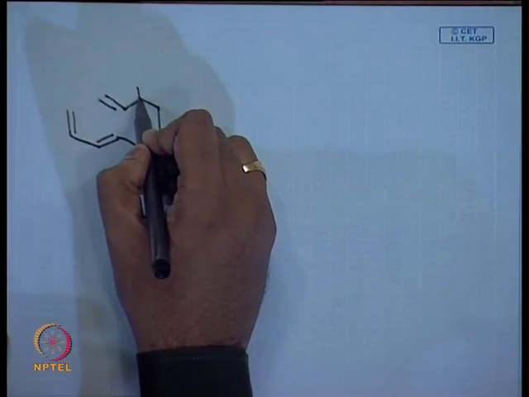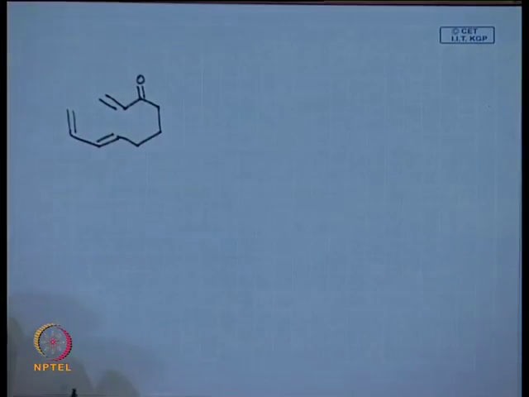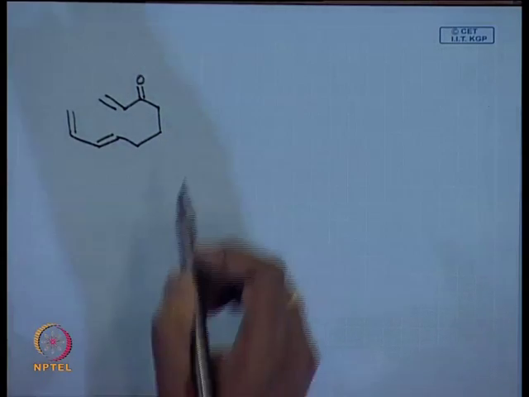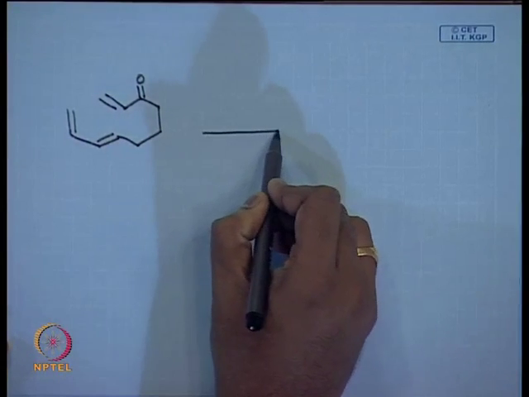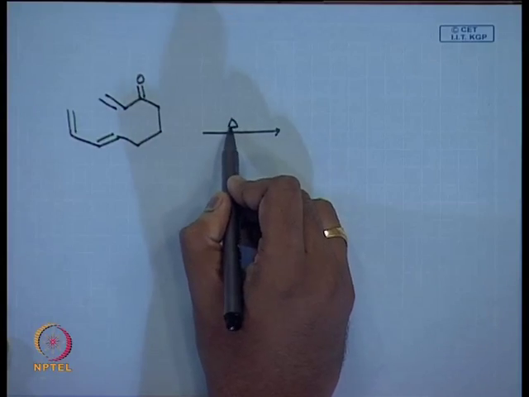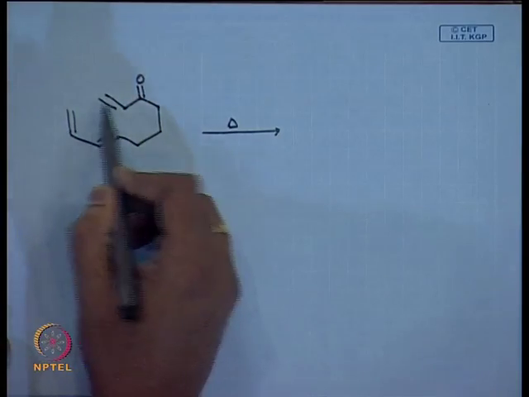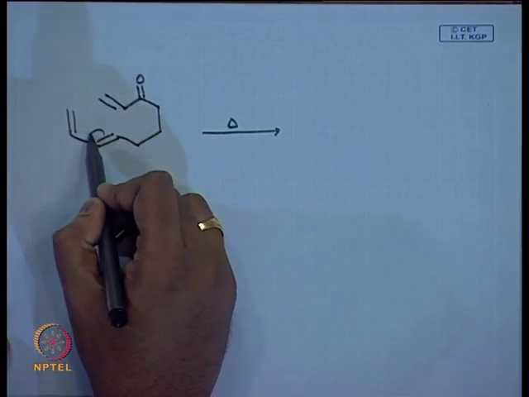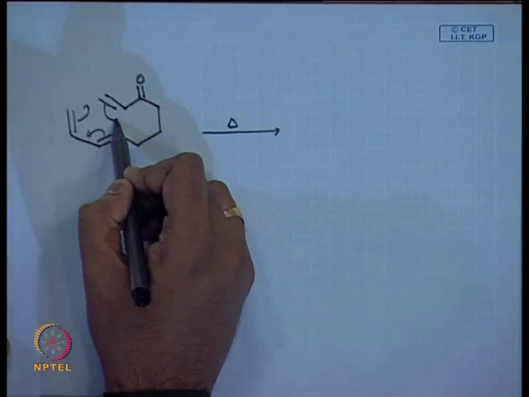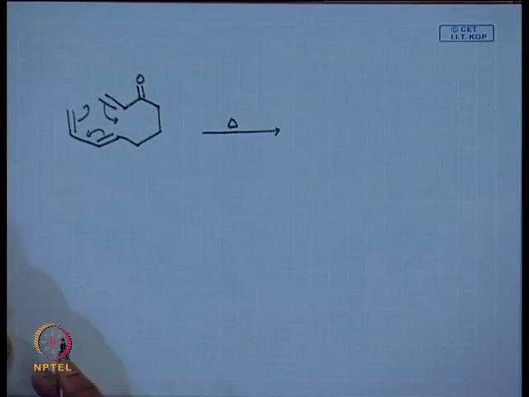Now I just have a carbonyl here. Now, if I do this reaction, you know what product you are going to get, that is no problem. But what junction are we going to talk about here.